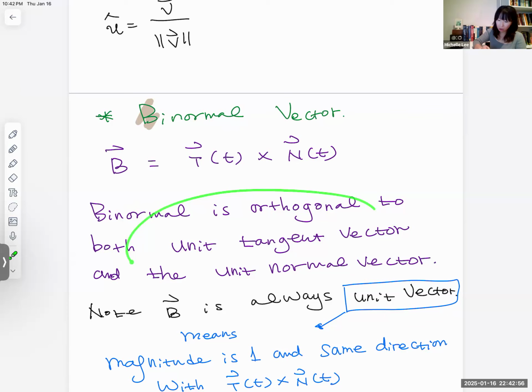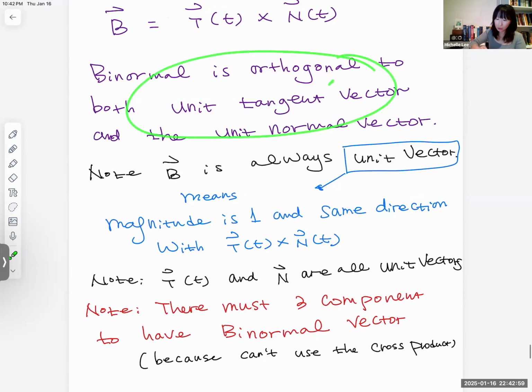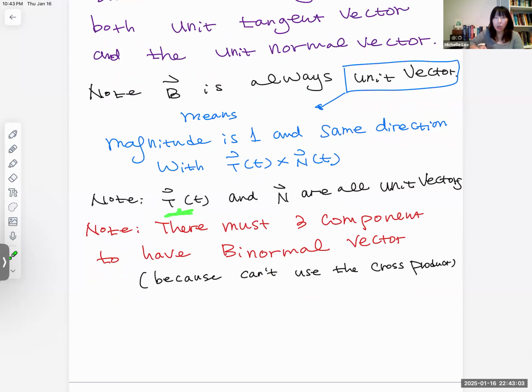So I talked about this one before. All right. Now, the unit tangent vector and normal vector are unit vectors because the name says so: unit tangent vector, unit normal vector. So they are both unit vectors, right?